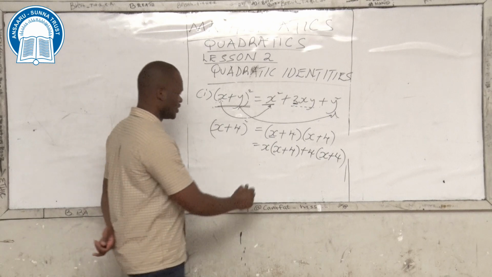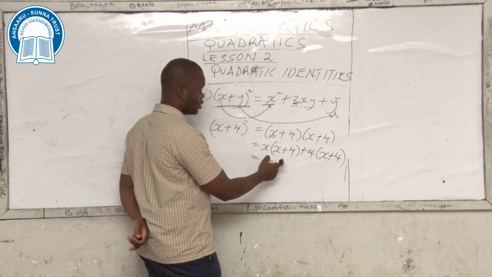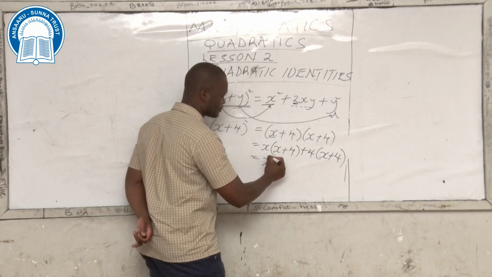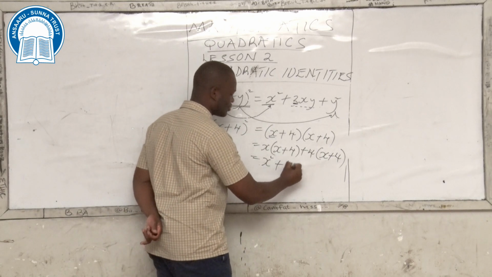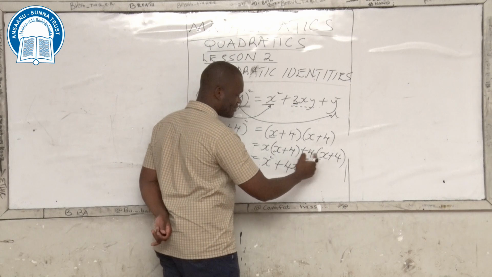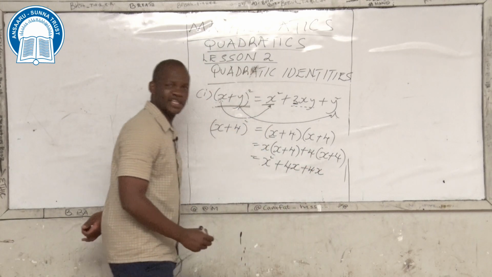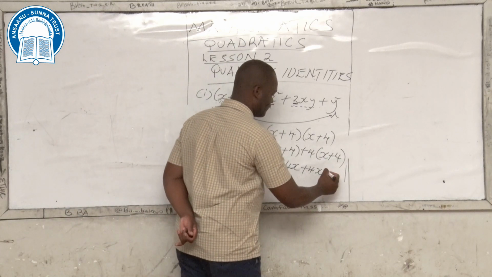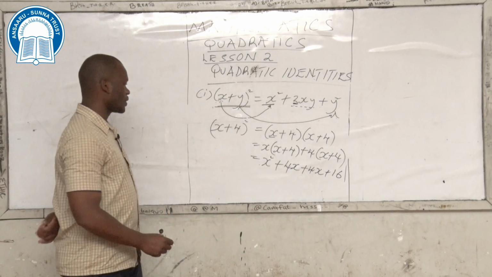How do you proceed? Of course, now you do away with the brackets completely. X times x will give you x squared. X by 4 will give you 4x. Then 4 by x will give you 4x. Then we have 4 by 4 to give you 16.